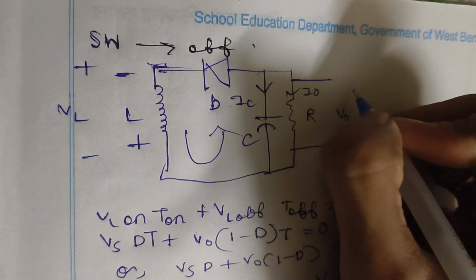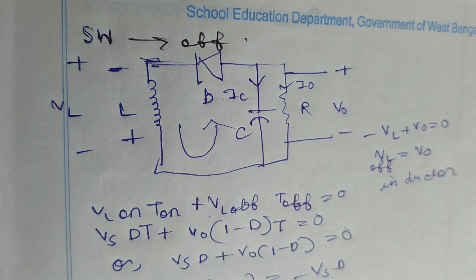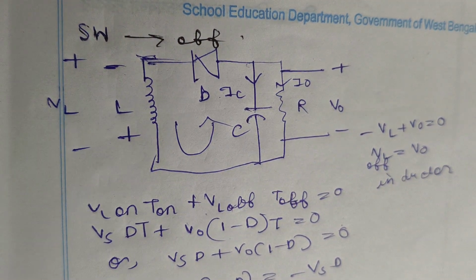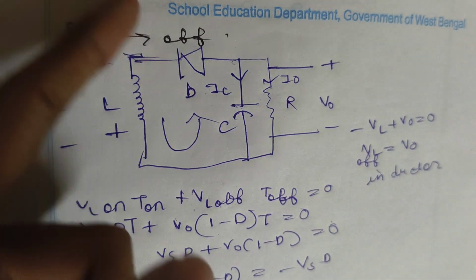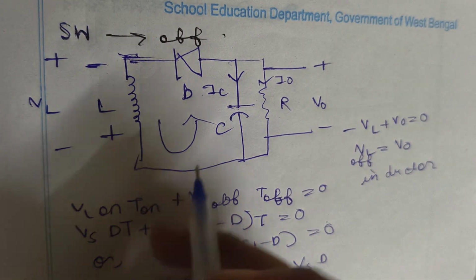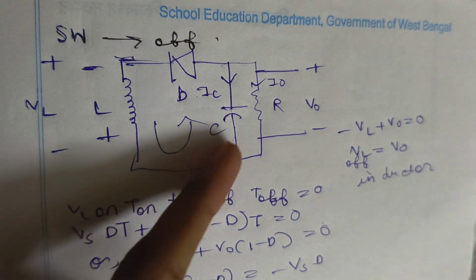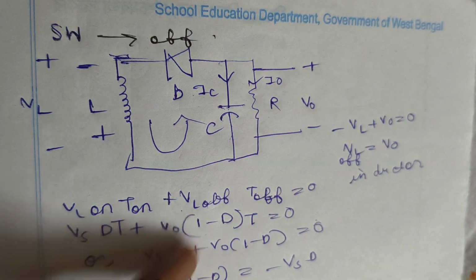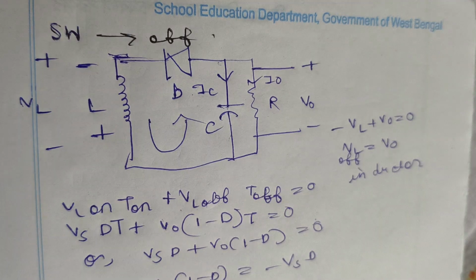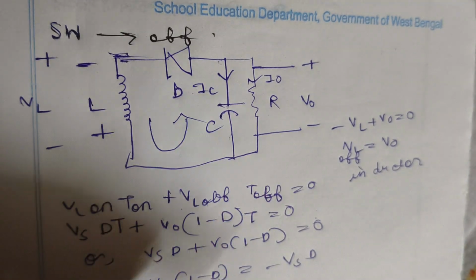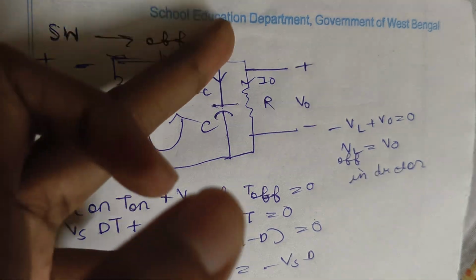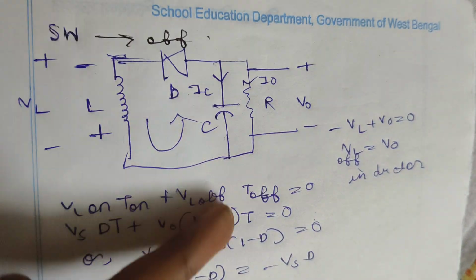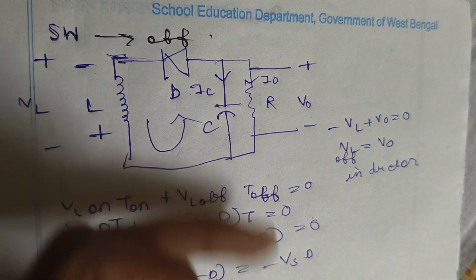The conventional direction takes plus and minus, but in this diagram the inductor reverses its polarity, so actually current passes from the lower one to the upper one. So the capacitor current in that case flows from the lower one to the upper one, that means in the upward direction. But as per convenience, the direction we have taken for the capacitor is from upward to downward, so the overall current direction is downward.